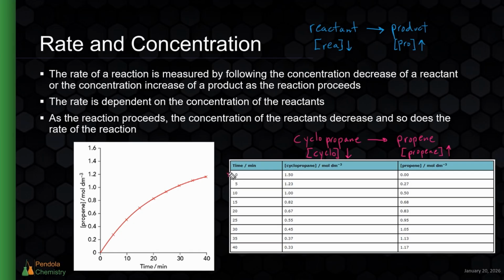If we look at the data table we have for this reaction, at 0 minutes, we had 1.5 moles per cubic decimeter of cyclopropane and 0 of propene. So no propene has been made yet.